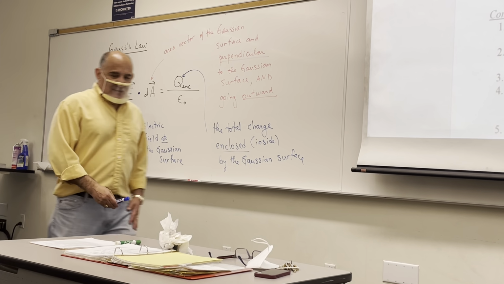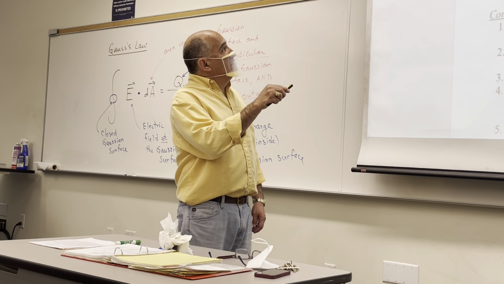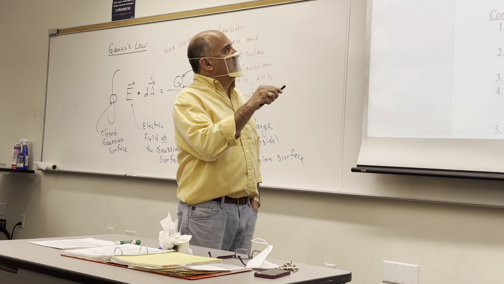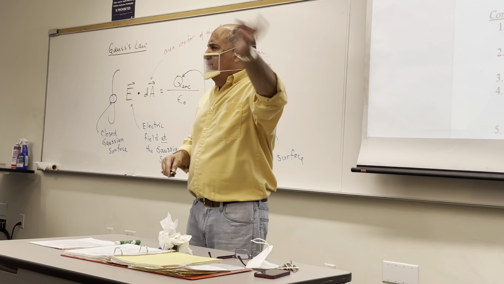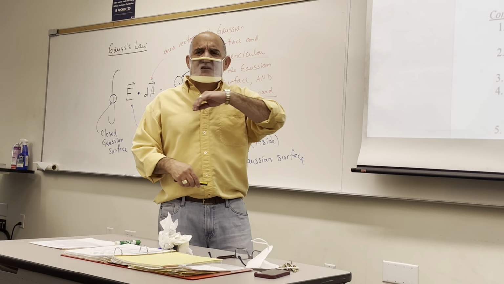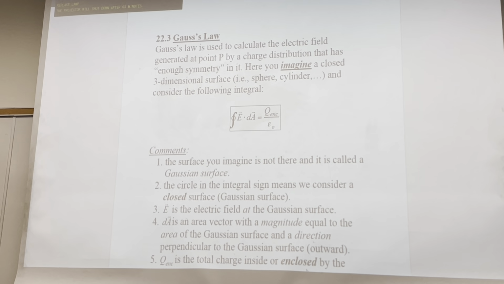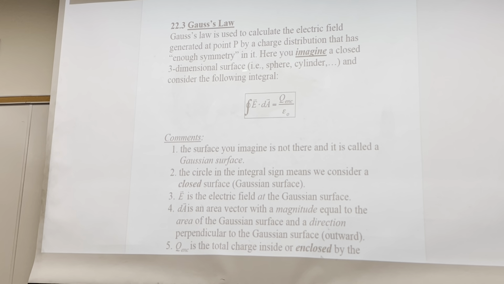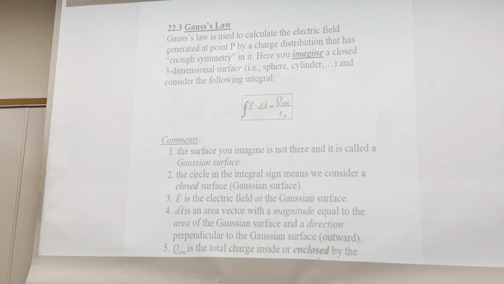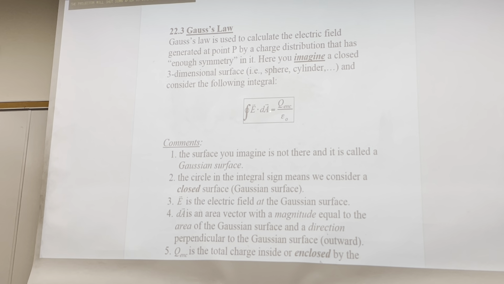So I said, here, Gauss's law is used to calculate the electric field generated at some point by some charge distribution on a sphere, on an infinitely large cylinder, on an infinitely long wire, on an infinitely large sheet, right? That has enough symmetry, that's infinitely large and so on. Here you imagine a closed three-dimensional surface. You're only going to imagine a sphere or a cylinder, and then consider this integral.